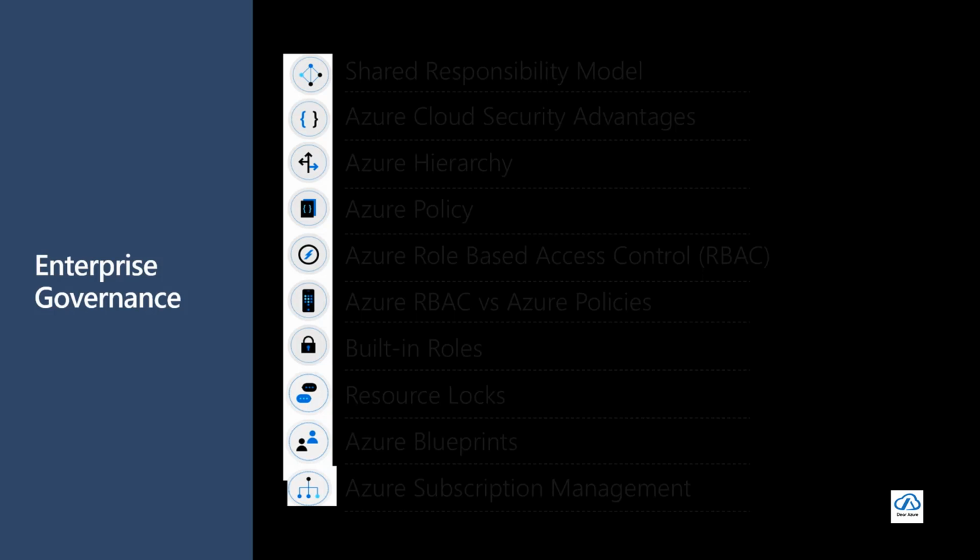Let me put it in simple words: administrative units is for user management. If you want to reset a password for a user, or want him to be enrolled for MFA, anything related to user management, administrative units help you with. Management group is more related to Azure subscriptions and resources.